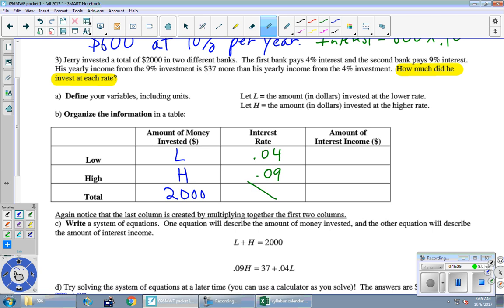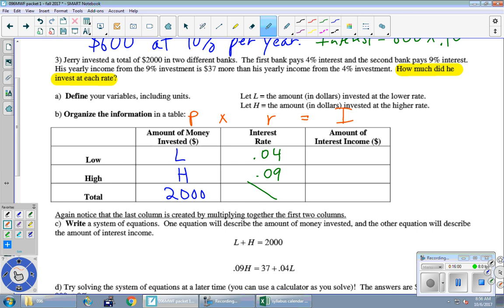Okay, and then the last column, amount of interest income. Let me just remind you that the amount of money invested, we said, is called the principal, P. And then these interest rates up above, we used the letter R to represent them. And our formula up above says if you take the principal and you multiply it by the interest rate, what do you get? The interest, right?